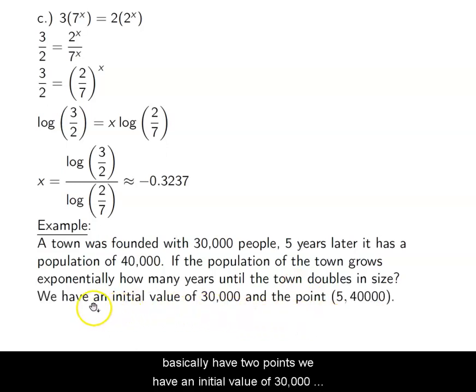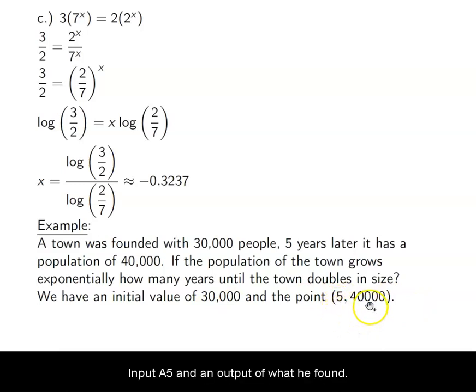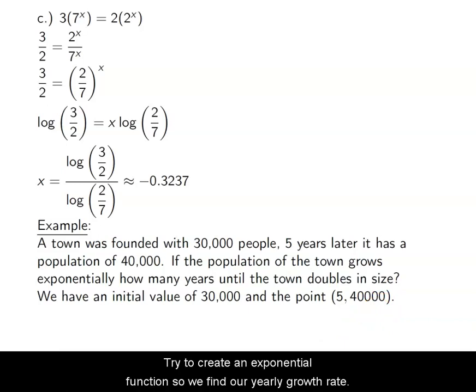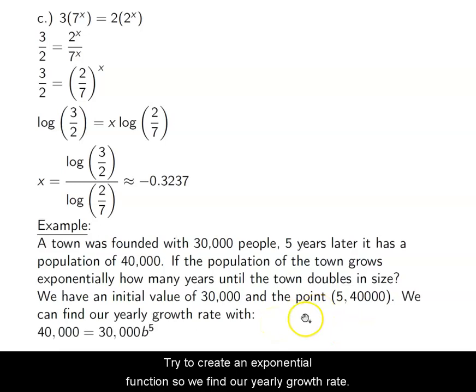So we basically have 2 points. We have an initial value of 30,000, so you can think of this as 0 and 30,000, and a secondary point of an input of 5 and an output of 40,000. So we can use this information to try to create our exponential function, right? So we find our yearly growth rate.